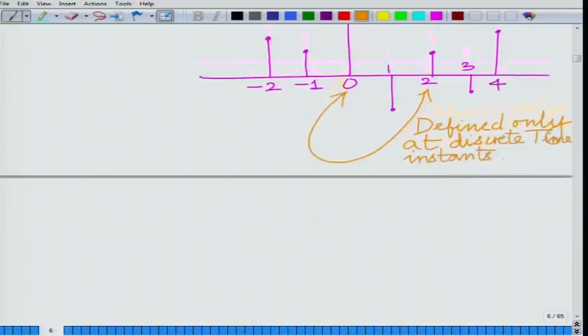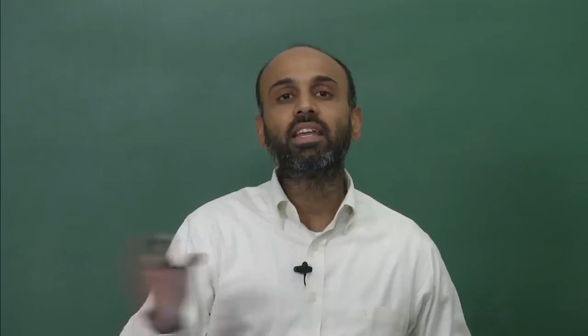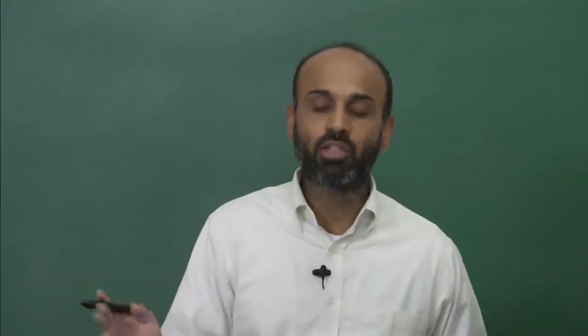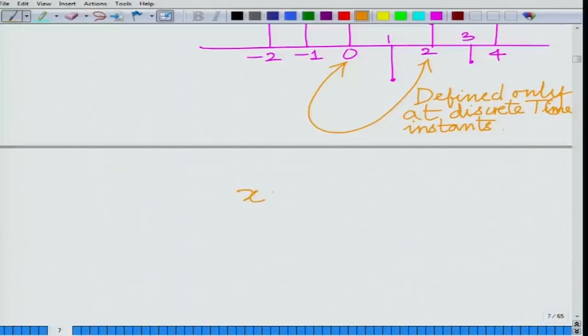So, it can be identified as a series or sequence of numbers. For instance, we have here x of 0, x of 1 at time instant 1, x of 2 at time instant 2, or you have x of -1, x of -2.